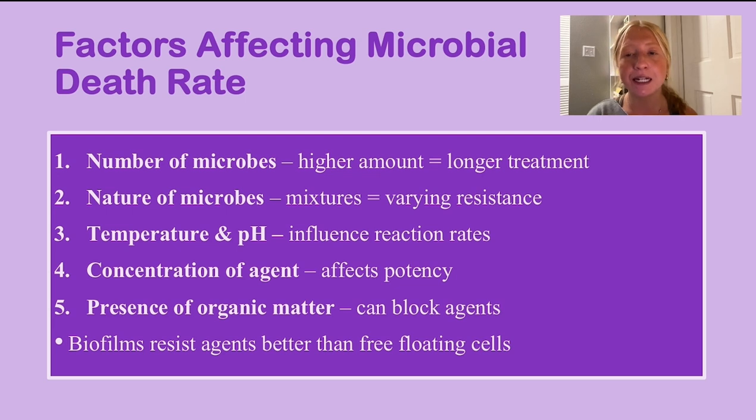Then temperature and pH can enhance or reduce the effectiveness of the control. And then concentration matters because stronger solutions are usually more effective, but they're also more corrosive. And then the presence of organic matter. Organic material like blood or saliva can block agents and reduce their impact.